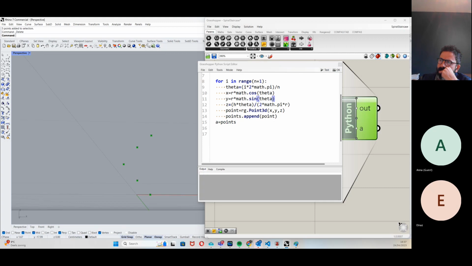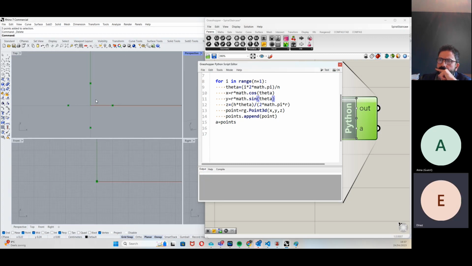Divided by n, divided by n. The theta angles are correct. And if I put minus 1 or n? The theta angles are correct, so we have 1, 2, 3, 4 steps.